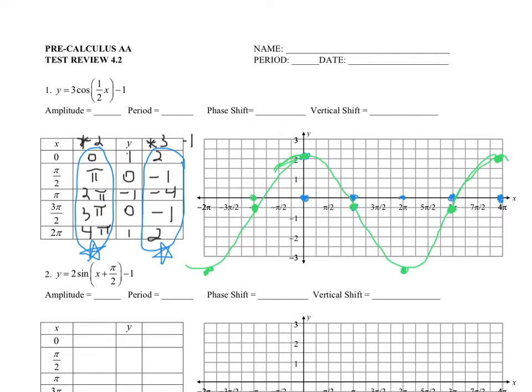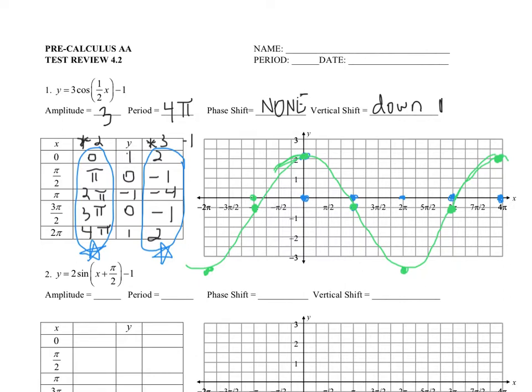Now we're going to answer the questions about amplitude, period, phase shift, and vertical shift. Okay, so our amplitude comes from this value right here. The amplitude measures how high the graph goes from the center.